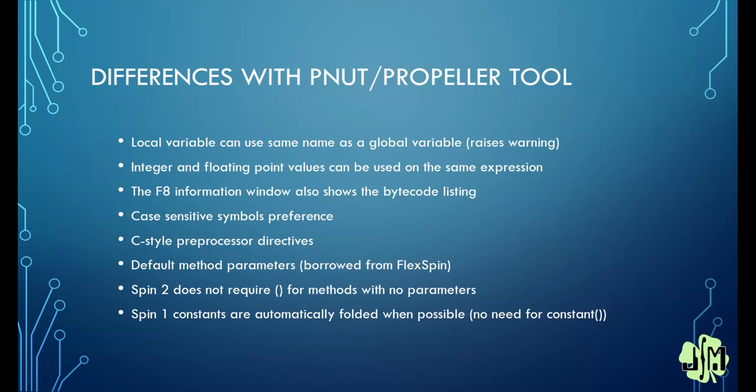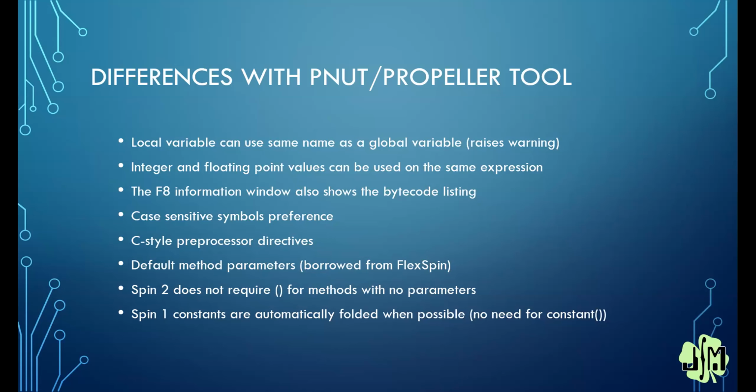So code that is canon for the Propeller that will run in Peanut or Propeller Tool should run fine in SpinTools. And if it isn't, this is one of those things where, as I found, little tiny things, like for example, he didn't have the reboot keyword for the P1, and I had an old program that I tried to run through it that used reboot.